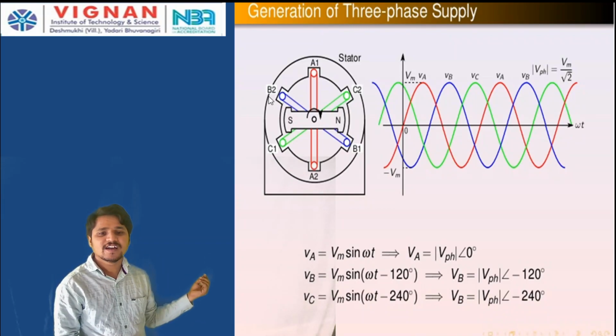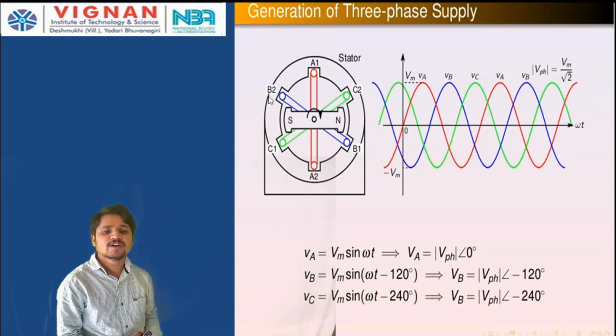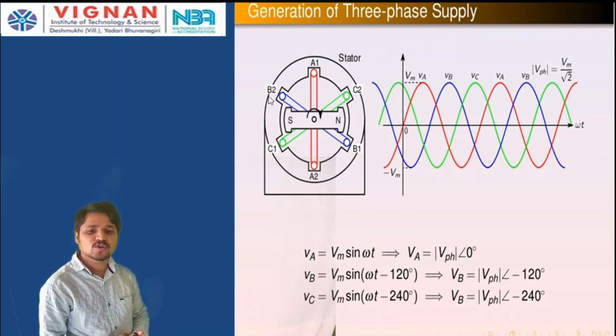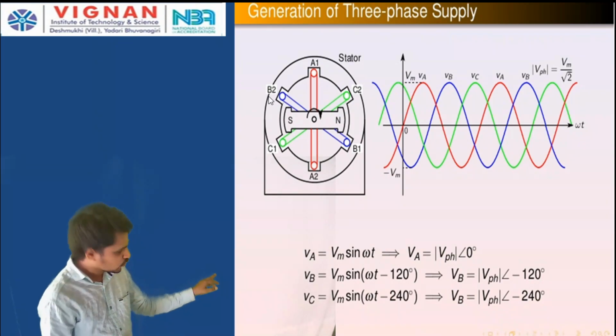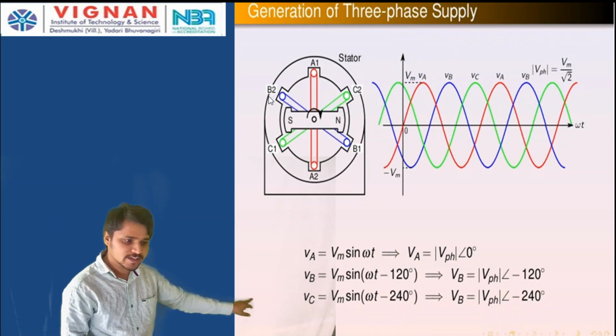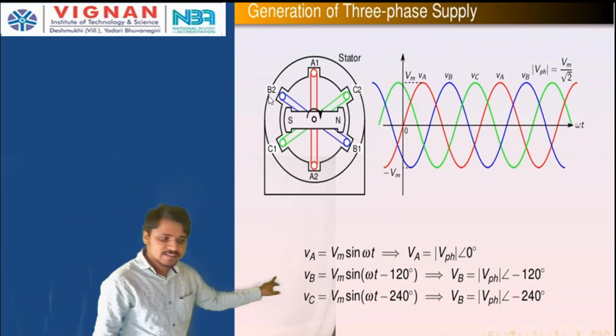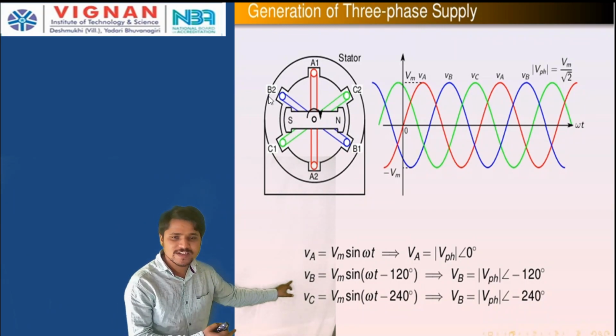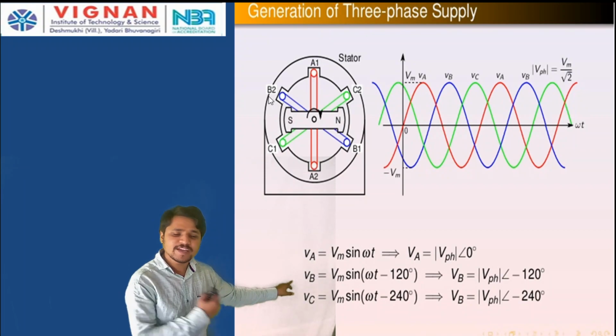So if you take the A phase voltage as the reference, these can be represented in the polar form. VA is equal to V phase at an angle 0 degrees. Then the B phase voltage VB equal to Vm sin omega t minus 120. That means this B phase voltage is phase displaced by 120 degrees apart from the A phase.